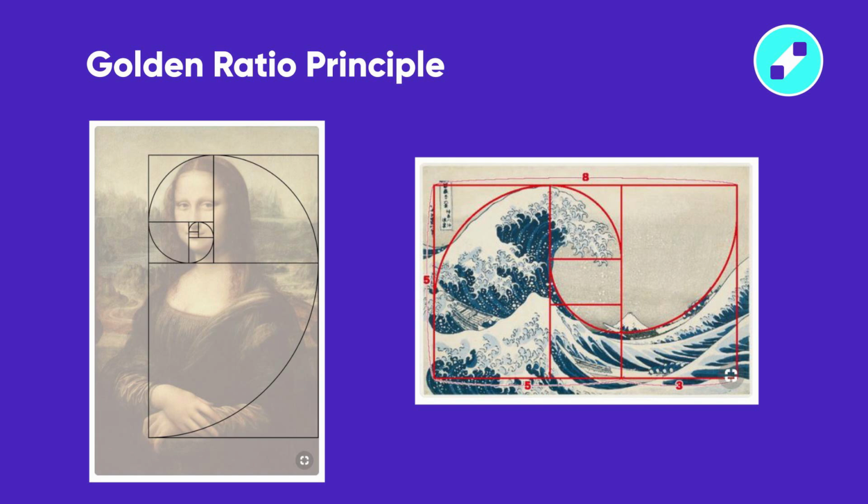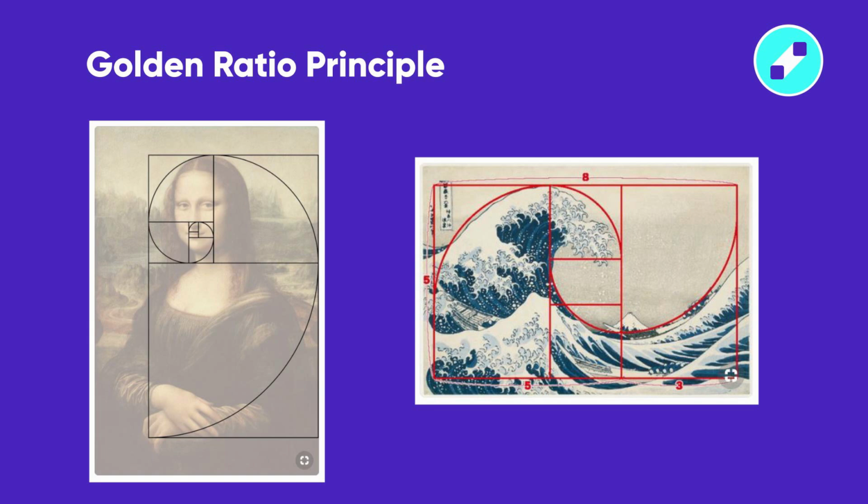It's based on the proportions and numbers of Fibonacci, an Italian mathematician. Fibonacci numbers form a sequence such that each number is the sum of the two preceding ones. So 1, 2, 3, 5, 8, 13, 21, 34, 55, etc. Following this pattern, a frame is divided into parts in such a way that every subsequent part doubles compared to the preceding one.